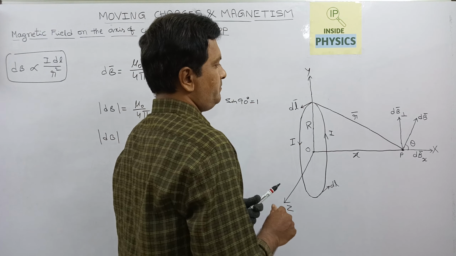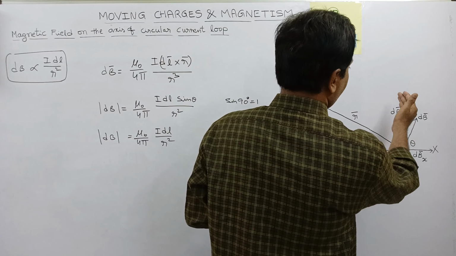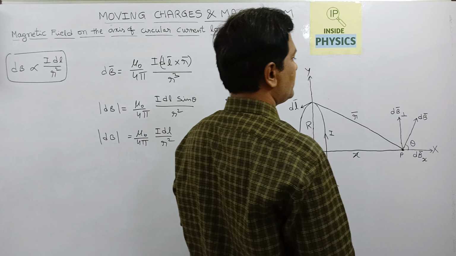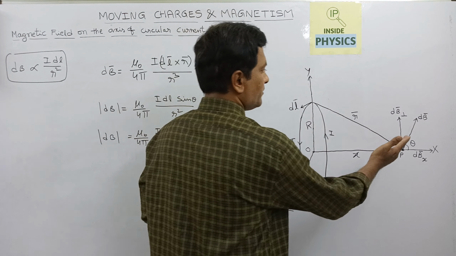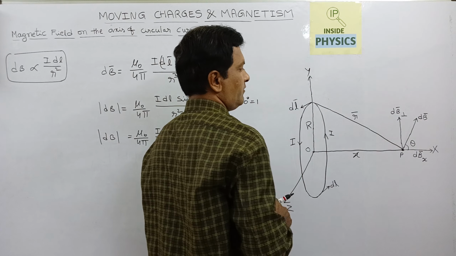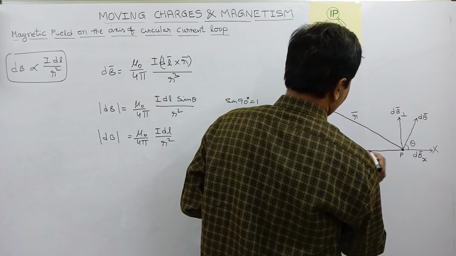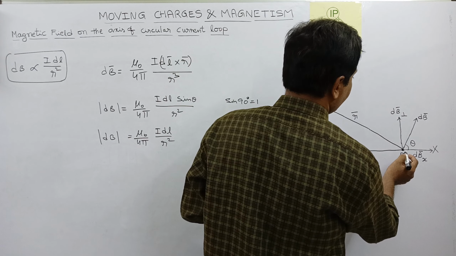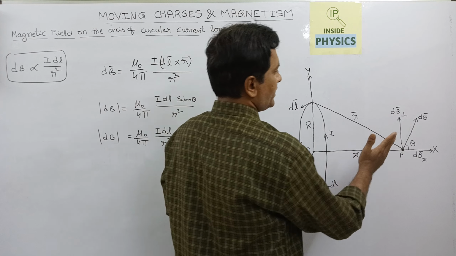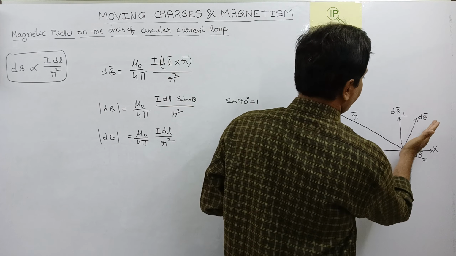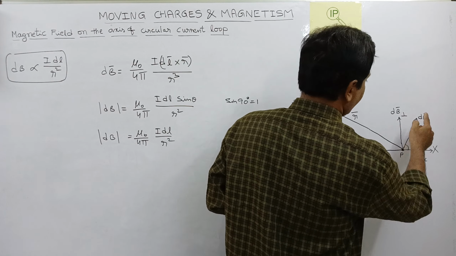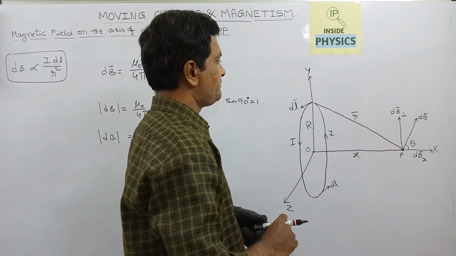Now if you observe, we have divided this magnetic field vector into two components, because this magnetic field vector is making an angle with the axial line. We have taken a point here and we are measuring the magnetic field on the axial line at a point P. So when the magnetic field vector is making an angle theta with the axial line, we have divided the magnetic field into two components.